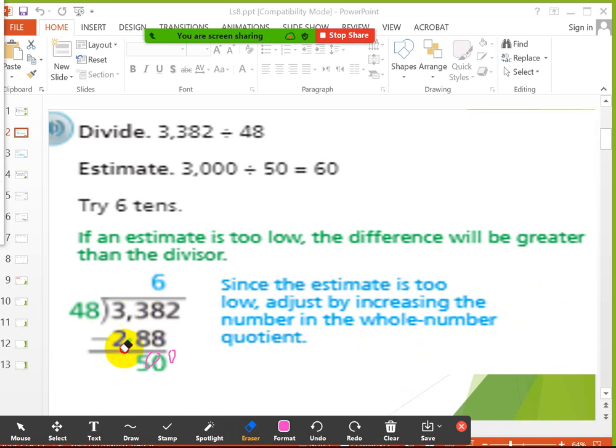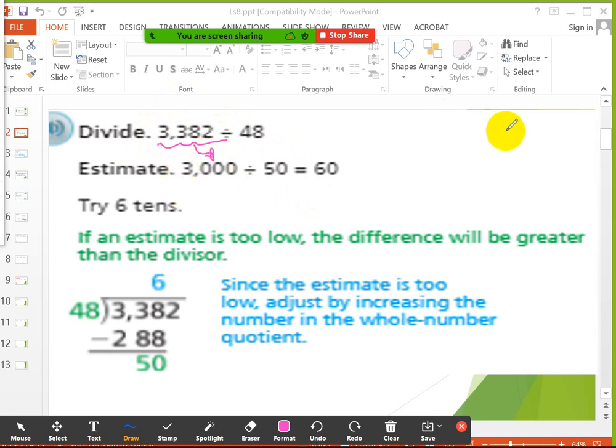If I want to divide 3,382 by 48, I want to estimate the answer. And in division, I told you to round the number to the nearest number that I can divide easily. Like 3,382, the nearest number for this number is what? If you round it to the nearest thousand, the answer will be what?